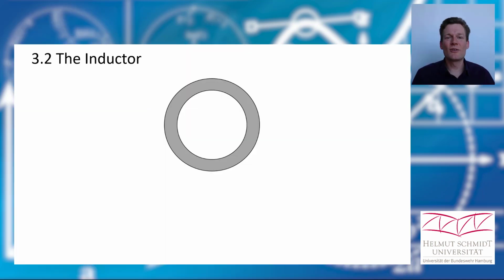Now let's have a look at the inductor. Most inductors have a magnetic core and a wire wound around it. This leads to an inductor with quite a high inductance. We could build an inductor without this magnetic core, then the inductance would be lower.